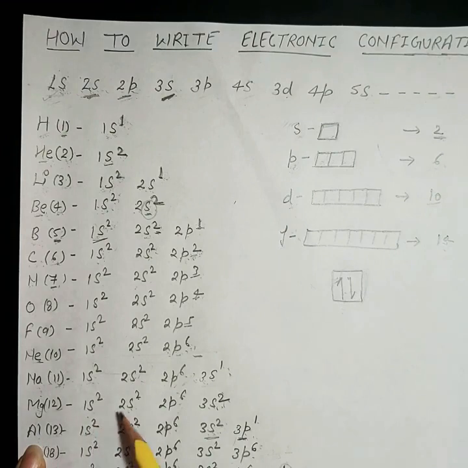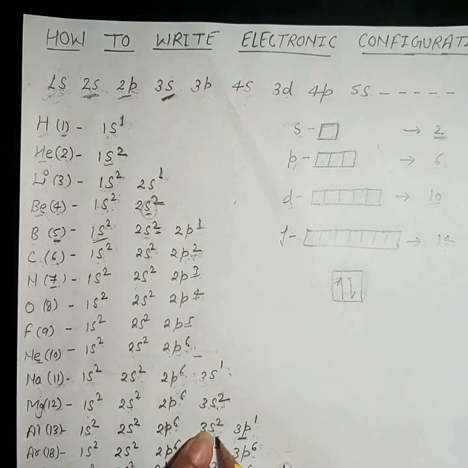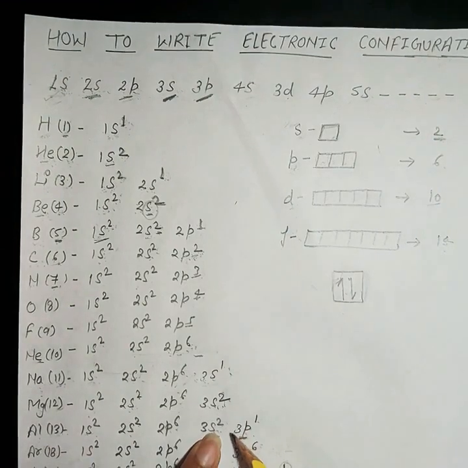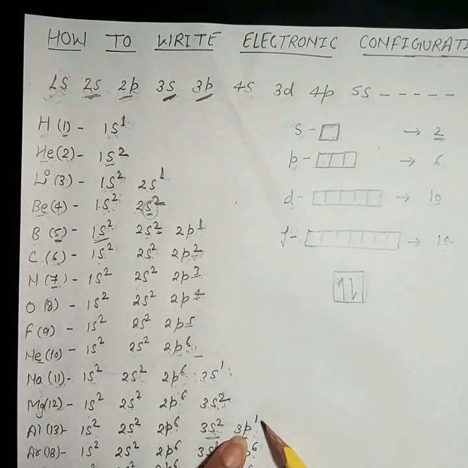So 1s2, 2s2, 2p6, 3s2. Now 1 electron is remaining, but we can't write 3s3 here because s has the capacity of 2 electrons only. So for the left electron we will use a new suborbit, which is 3p here. So we will write 3p1 because only 1 electron is left here.